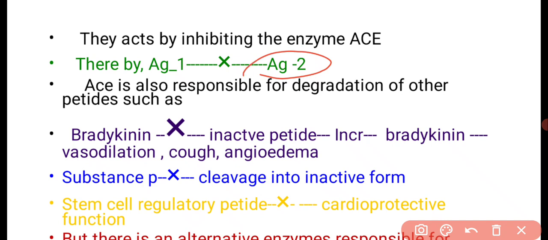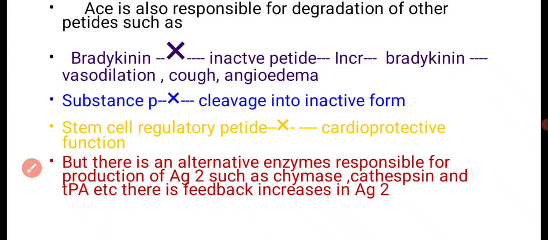Angiotensin 2 is also produced through other enzymes, those are chymase, cathepsin, and tissue plasminogen activators. So these are also responsible for the production of angiotensin 2. Then a feedback increase in the angiotensin production may take place.